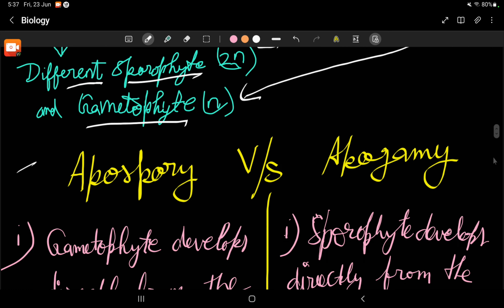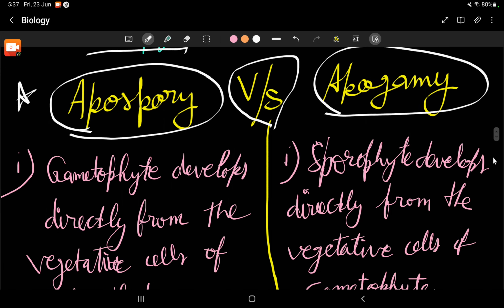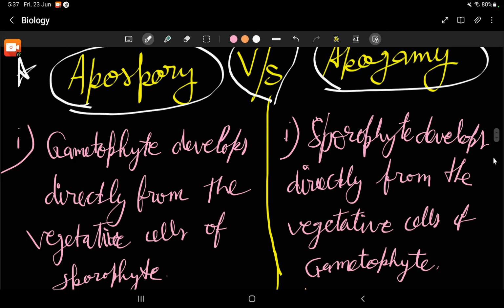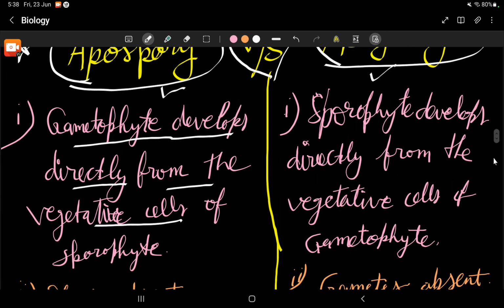Next is very important. There are apospory and apogamy in the life cycle of pteridophytes. So we have to go through some differences between apospory and apogamy. Apospory is when the gametophyte develops directly from the vegetative cells of the sporophyte.